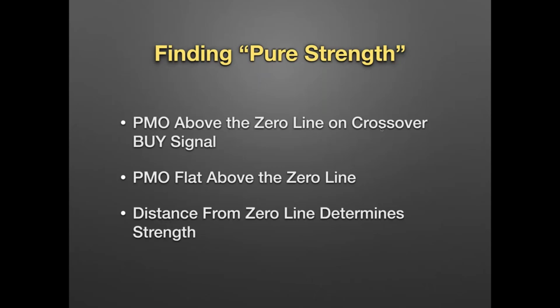The distance from the 0 line also can determine the strength. So if it's well above the 0 line, more than likely you're looking at some pure strength, or at least strength. If the PMO starts to fall from those levels, you're looking at diminishing strength, not necessarily weakness.